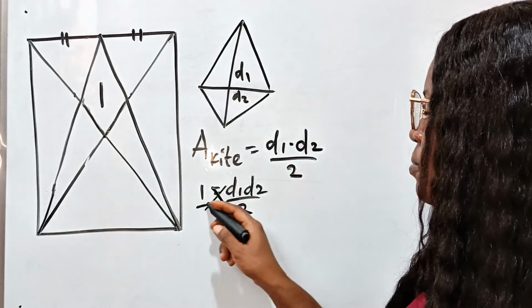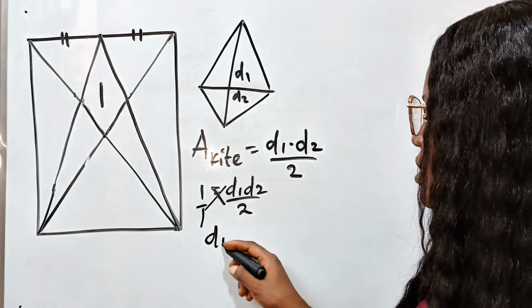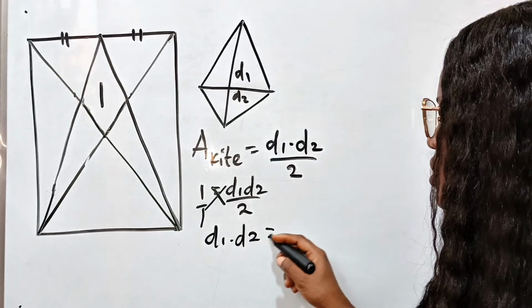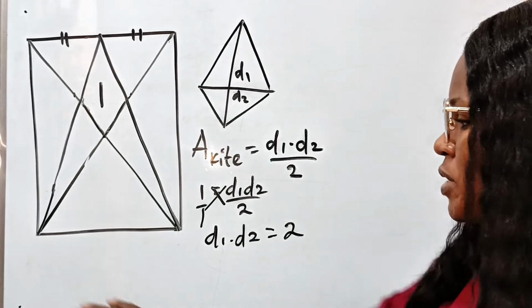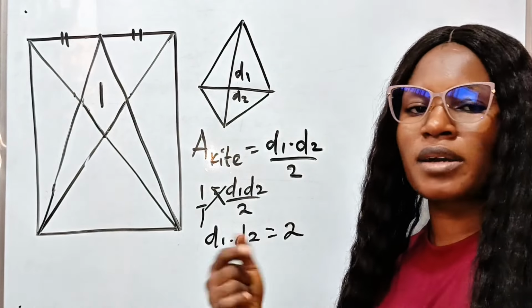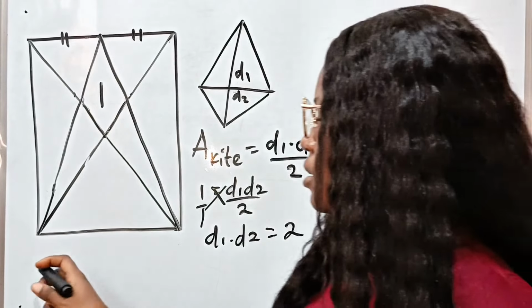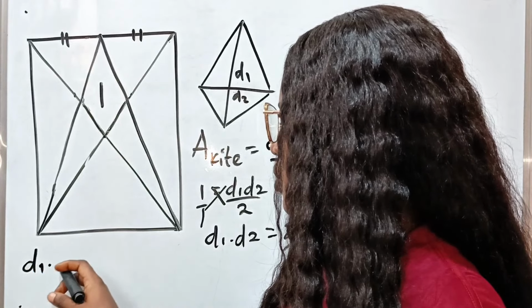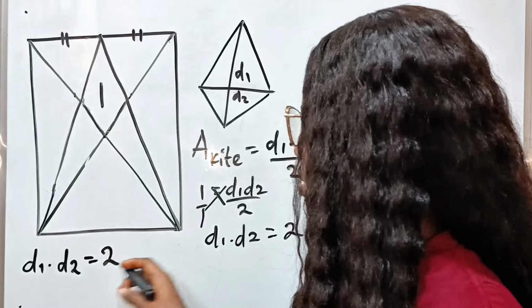Therefore, if we cross multiply, we will have that D1 multiplied by D2 is equal to 2. So permit me to write that here, and we're going to come back to it. All right, so we have D1 multiplied by D2 is equal to 2.